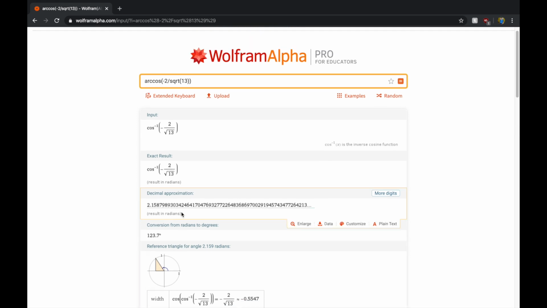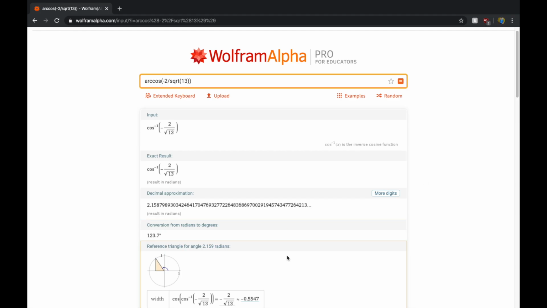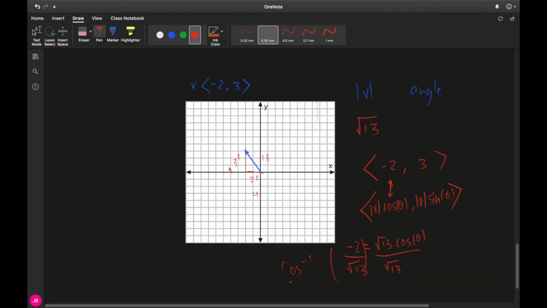Now, how do you know whether this is correct or not? Because I can guarantee you that if I did the same thing on the other side, it's going to give me a different answer. So let's try it with sine. This gives me 123.7 degrees. Let's see what happens when I try the same thing with sine. It would basically be the exact same thing except for the 3.